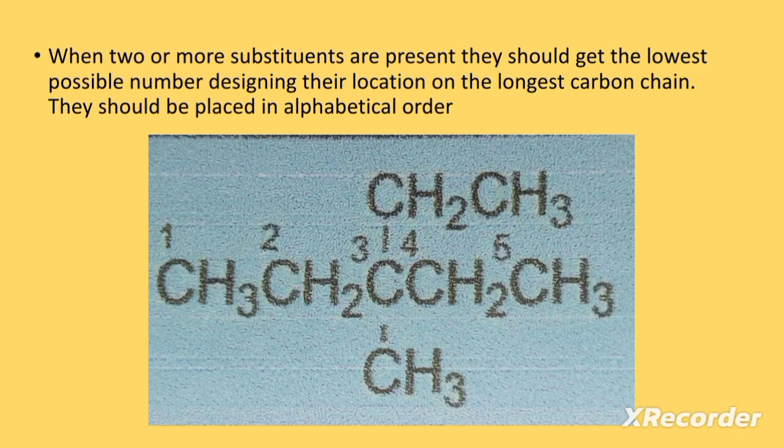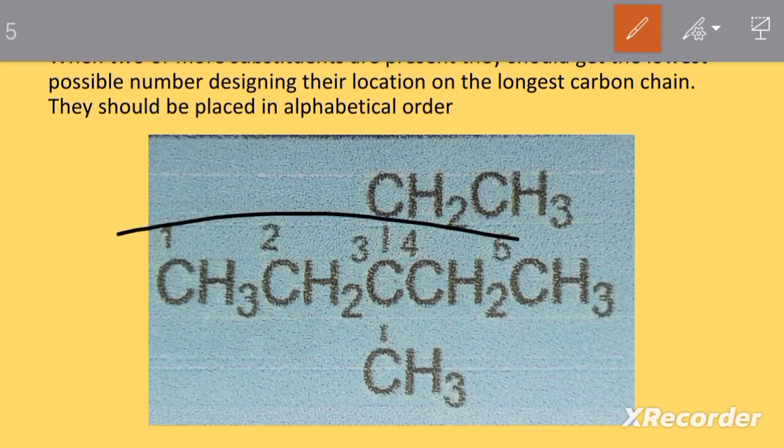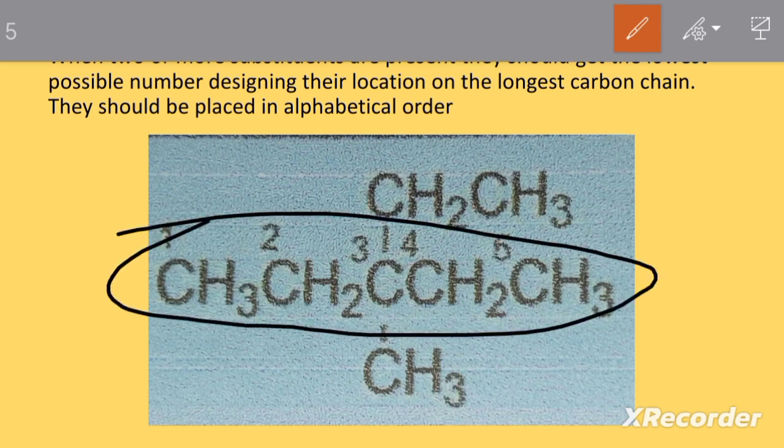So here first of all we should select the longest carbon chain, and that is this one. And we should number the carbons in such a way that these substituent groups get the lowest possible number. I will number like this: 1, 2, 3, 4, 5.